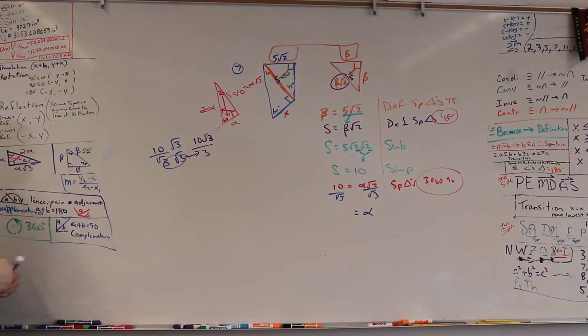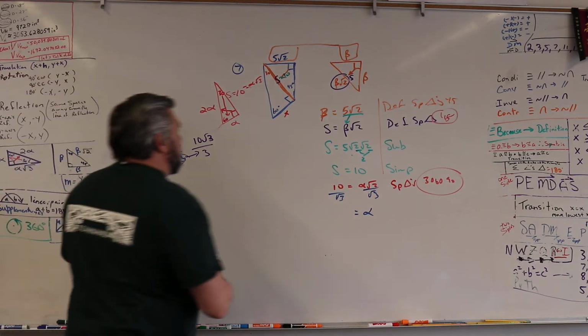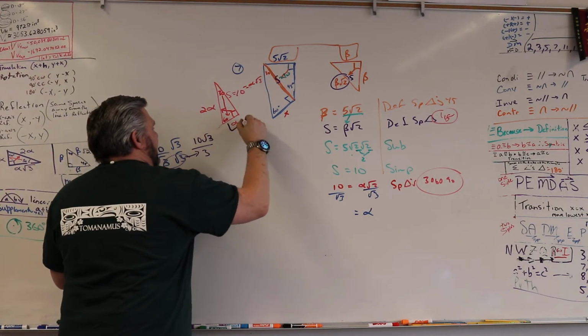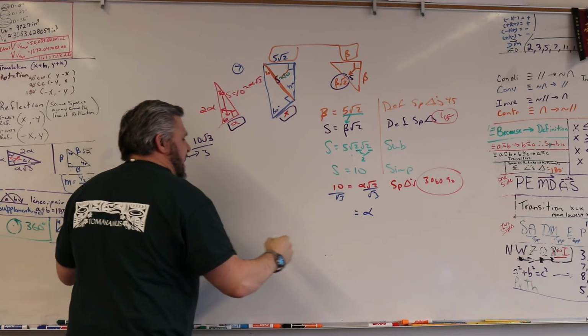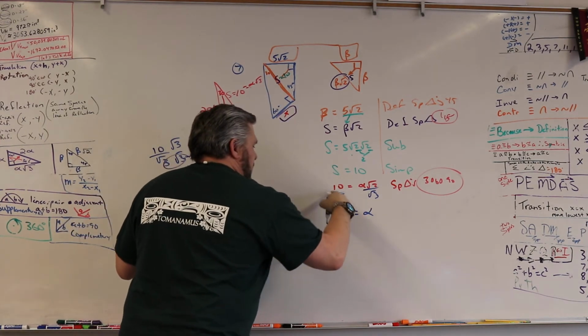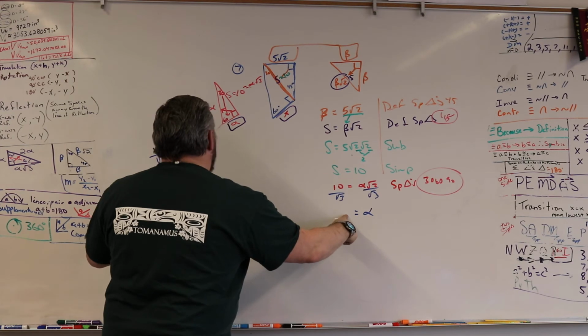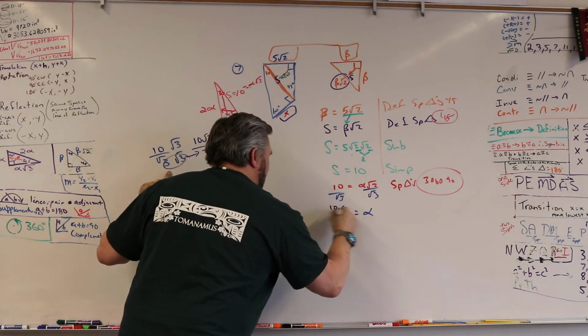Okay? And so that means that alpha is equal to 10 square roots of 3 over 3.